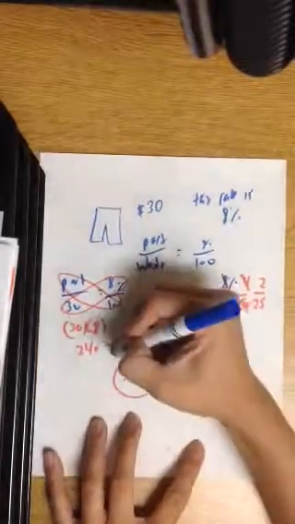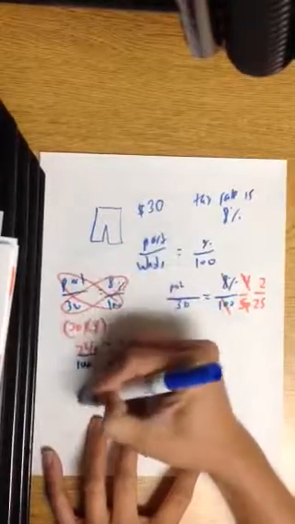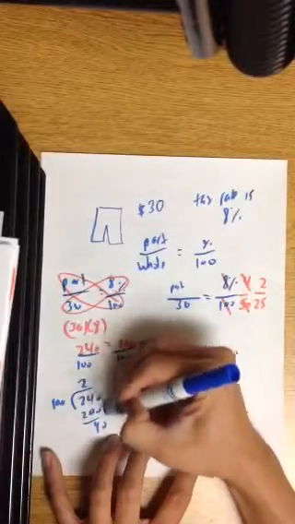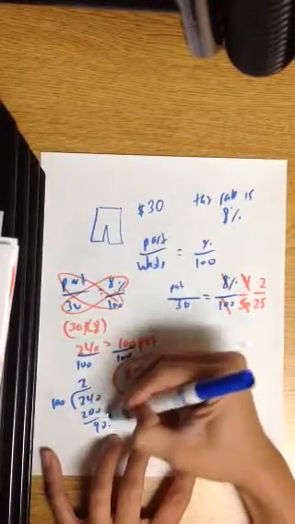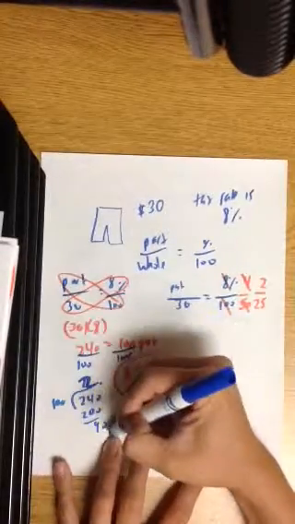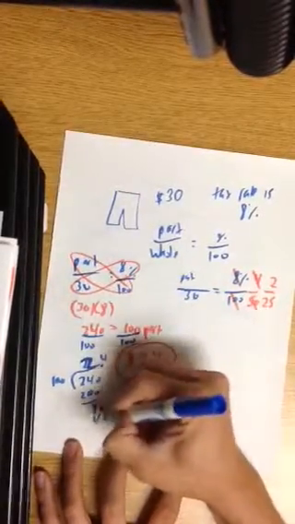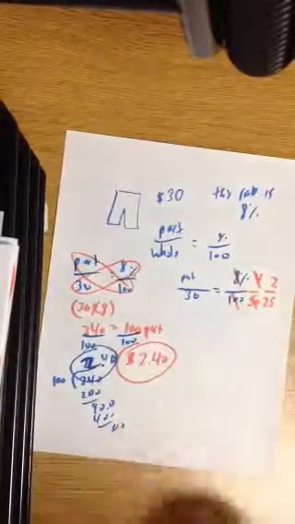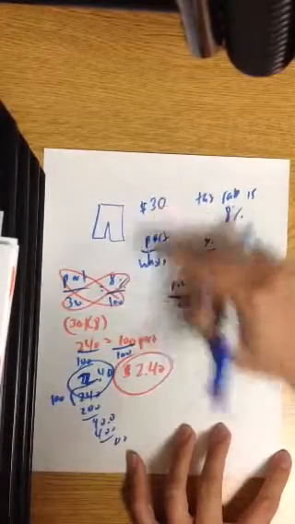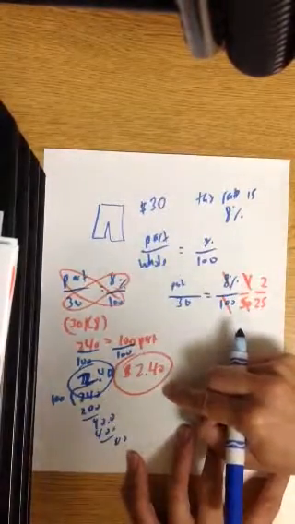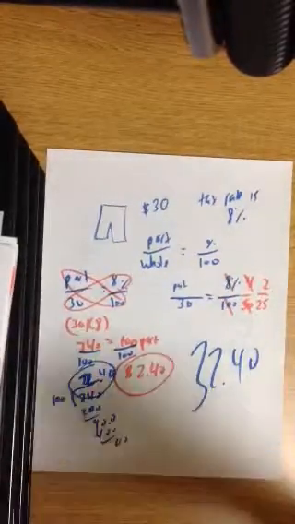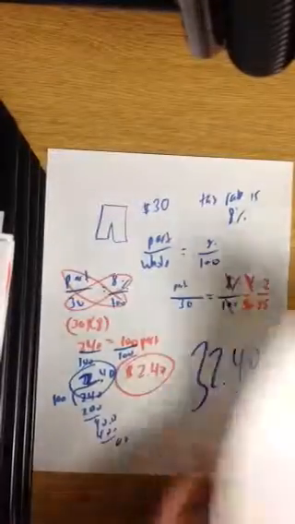Let me see, divide by 100. 240 divided by 100 is 2. Add a decimal point and a 0. I should have lined this up neater. 100 goes into 400 four times, so it's $2.40. If the pants cost $30 and the tax is $2.40, the total price will be $32.40.